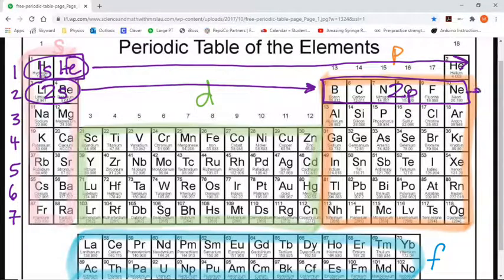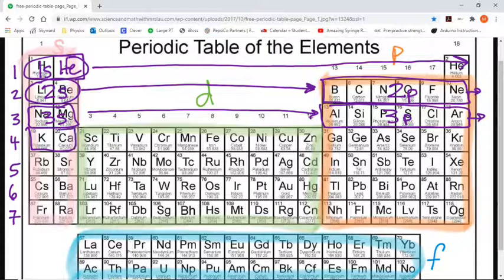I've reached the end of the section, so now I'm ready to go to the next row, and this is 3s. Moving on over, this section is 3p. Hit the end of the section, go to the next row. This is 4s.